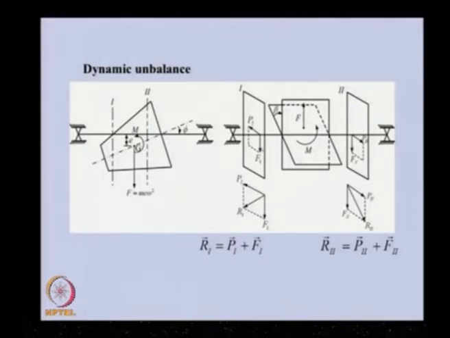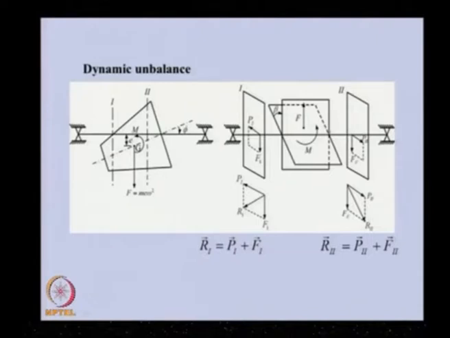Then, to balance the moment or the couple, we need to apply P1 and P2 on these planes such that they produce a couple equal to this, and they should not add additional forces, as we discussed in the couple balancing case.